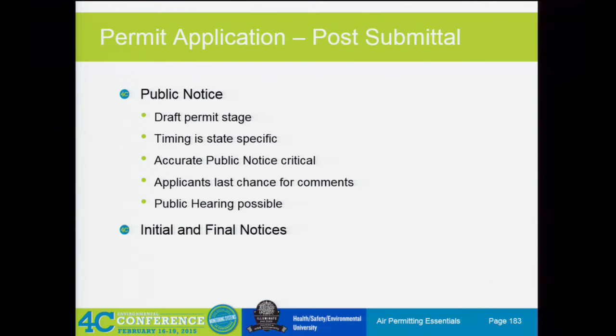The newspaper left out the second part of the notice, and luckily we found out before the notice needed to be published, so we were able to go back to the newspaper and say, hey, you guys screwed up, that part needs to be published, and we got it done in time. But make sure you look at the actual newspaper that went out, and make sure that your public notice was done correctly and shows up in that actual newspaper. In our case, our state newspaper only publishes once a month.